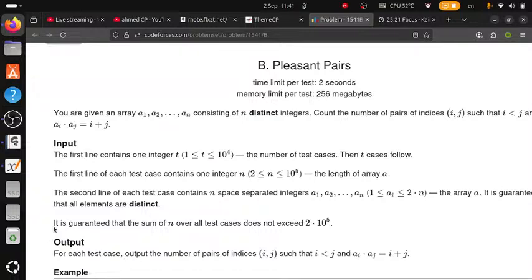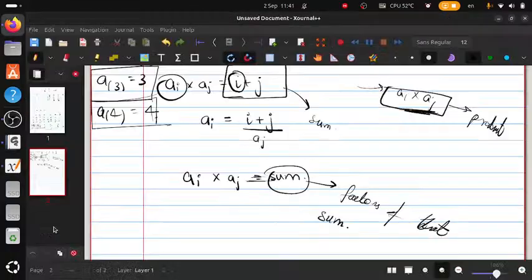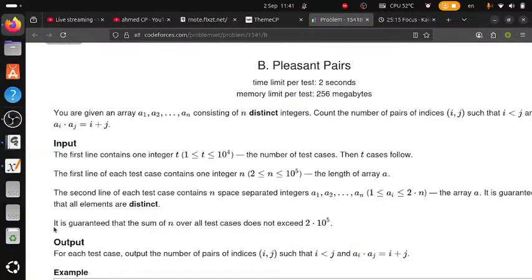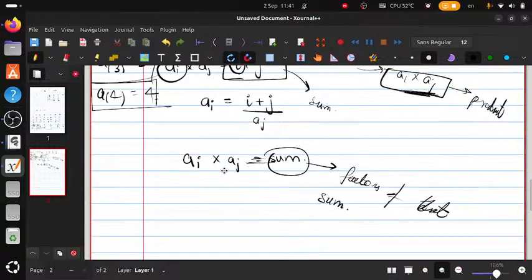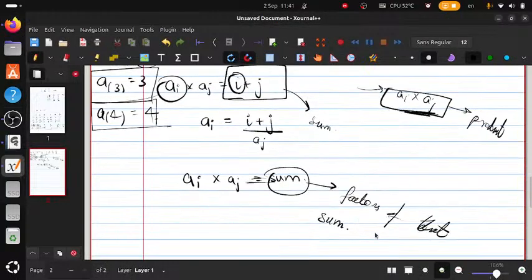The value of n is 1e5, and we try to find the factors of that sum. Do certain particular factors exist or no? If they do exist, where do they exist?